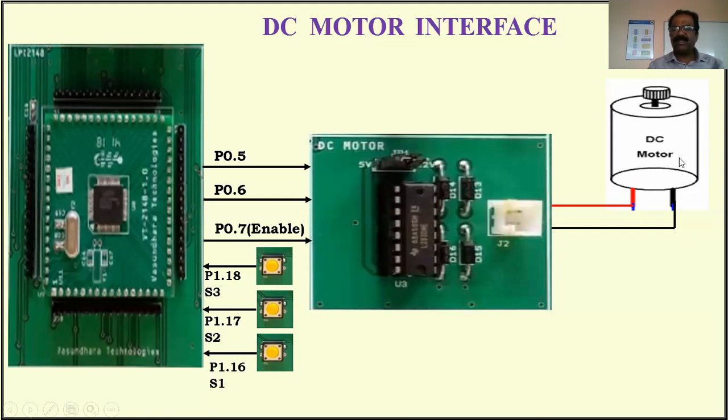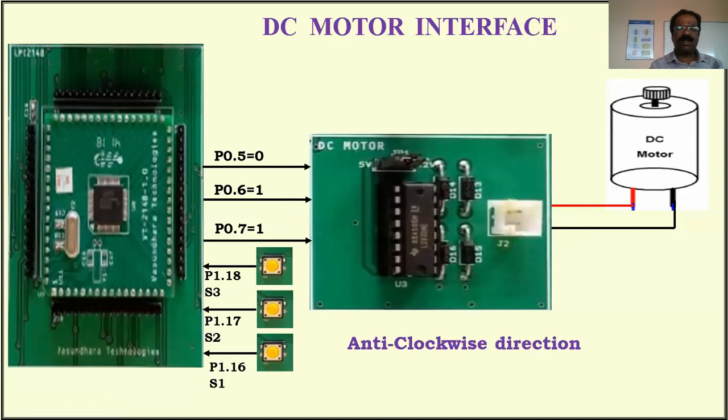To control this DC motor, I'm going to use three switches: S1 for clockwise, S2 for anti-clockwise, and S3 for stop. With the help of these lines, we are going to control the DC motor. If it is 1 0, that is for clockwise, and 0 1 for anti-clockwise, and if both are 0 0, we are going to stop the motor.